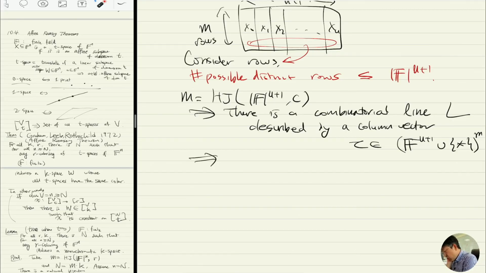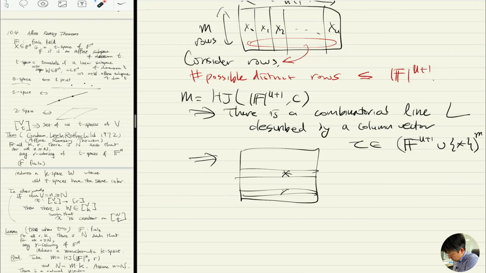So some rows become star, some rows are fixed. So that means there are a few star rows where all possible values can be added, but all these rows are identical and all other rows are fixed. So what does that mean?